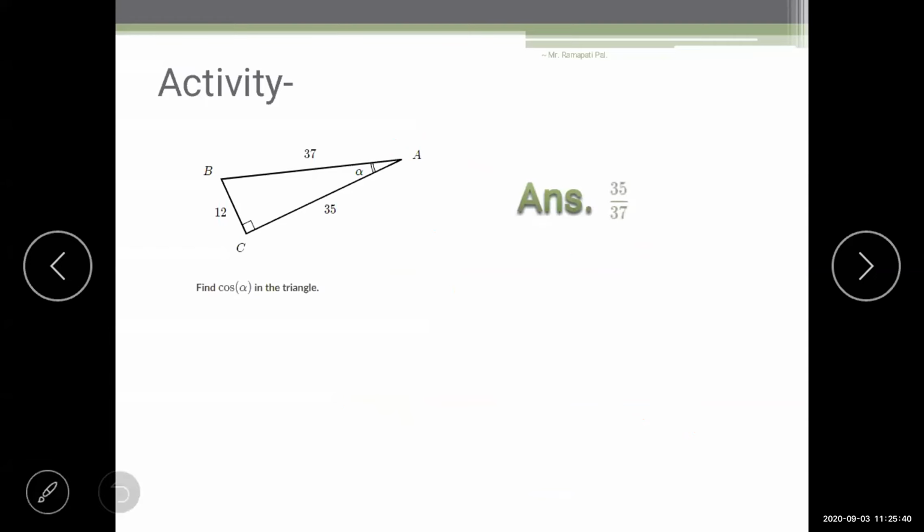It is 35 upon 37 because cos alpha is asked. And what is the formula of cos theta or cos alpha? Adjacent upon hypotenuse.